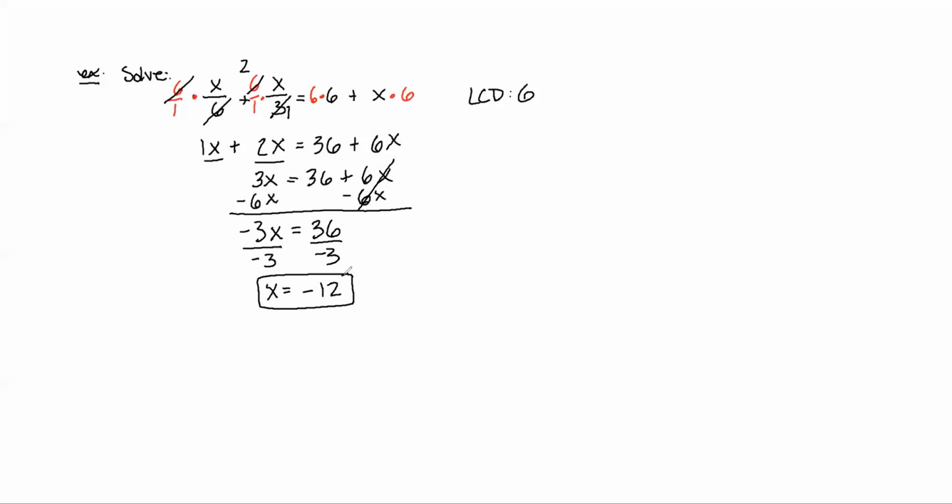All right, so now we're going to be doing the same thing, but we're going to be doing it with rational equations, which means we're going to have some variables on the bottom of the fraction. So it's going to be a little bit more complicated, but let's write out the steps first for solving rational equations.